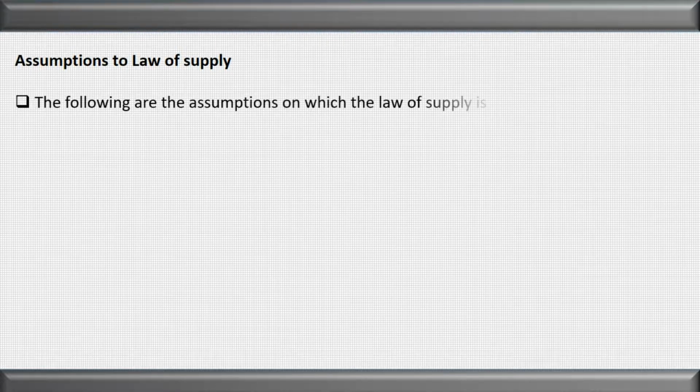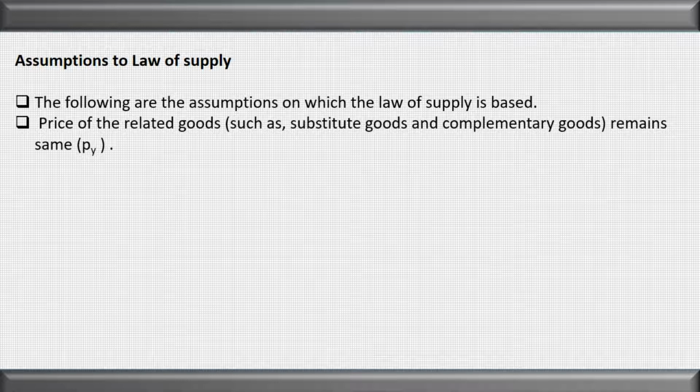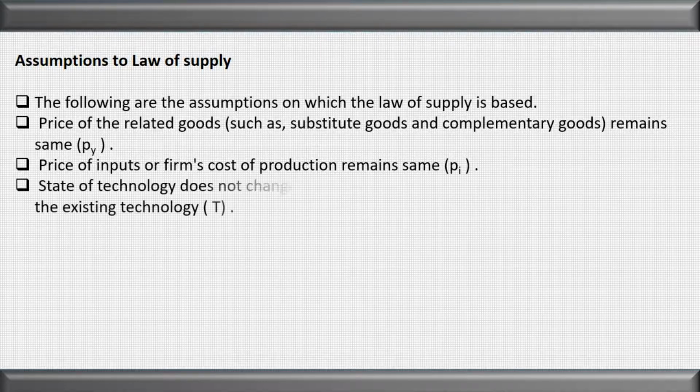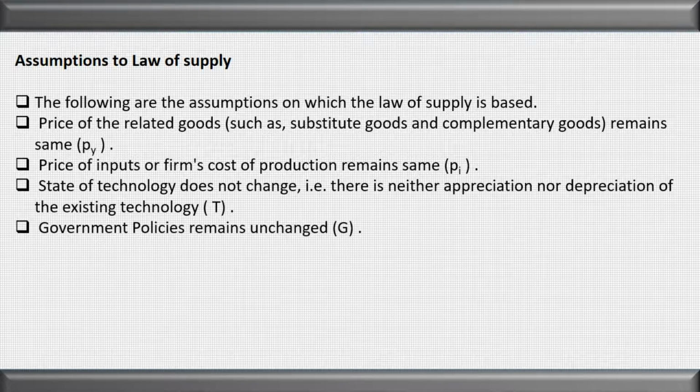Let us see the ceteris paribus to the law of supply, or assumptions of the law of supply. In the case of law of supply, we presume that the price of the related goods are same. The price of the substitute goods are same. We presume there is no change in the price of the raw material, that is input. We presume that the technology will remain unchanged. We presume that the government policy will remain unchanged.